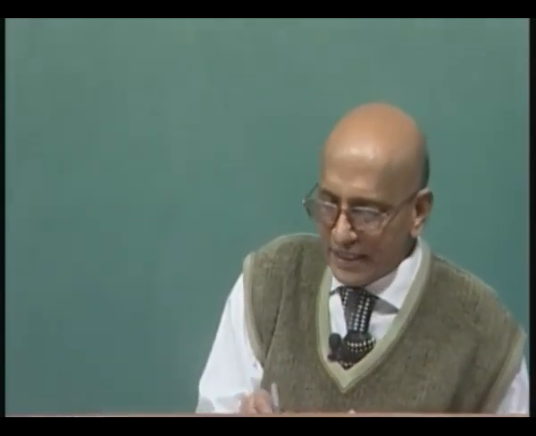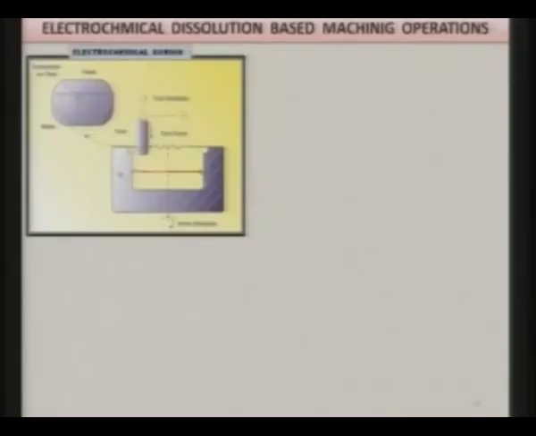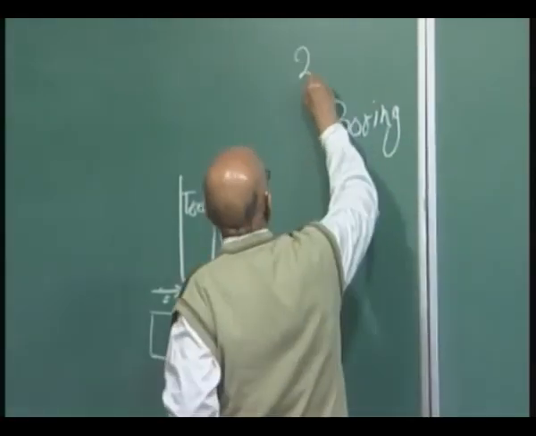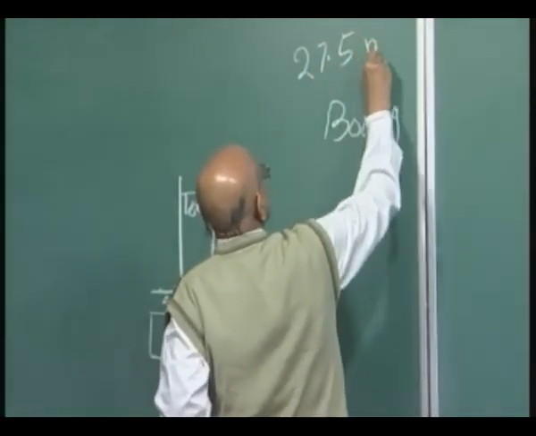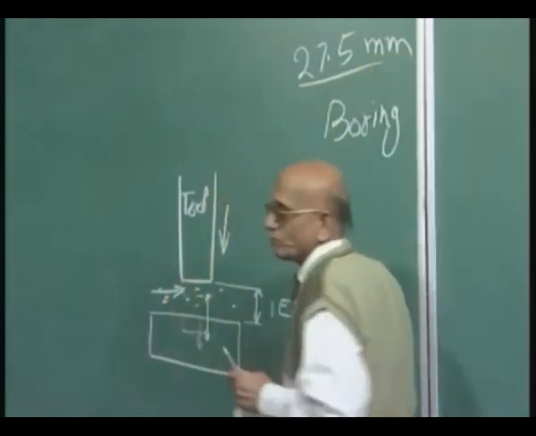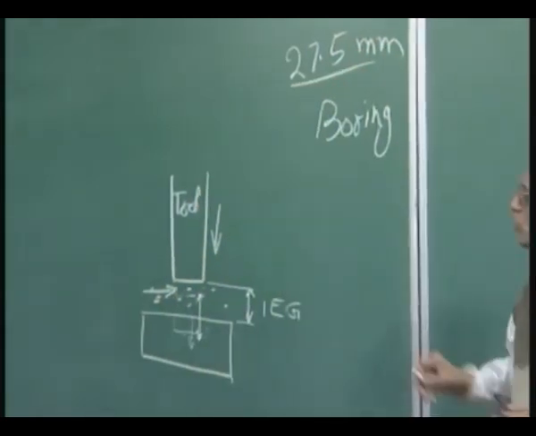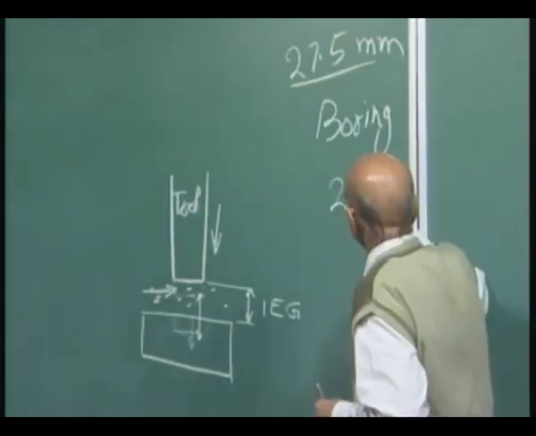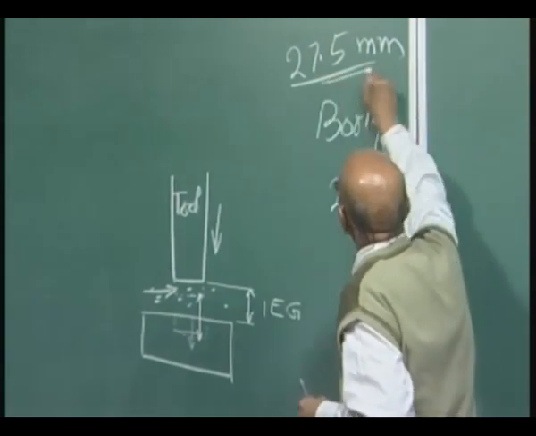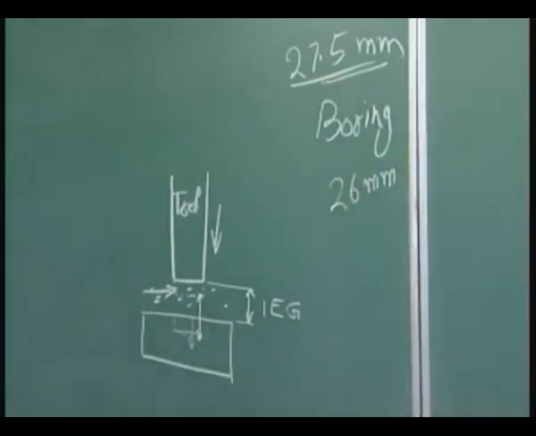by the electrochemical boring operation. You can see here that this is the hole diameter which was made initially either by the ECM process or some other process, and you want to make it accurate. For example, suppose you want this diameter to be 27.5 millimeter. What you can do is make a hole of 26 millimeter and then enlarge it to 27.5 millimeter by the boring operation. That is what is being done.